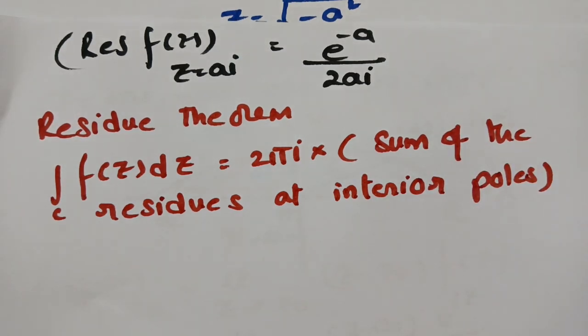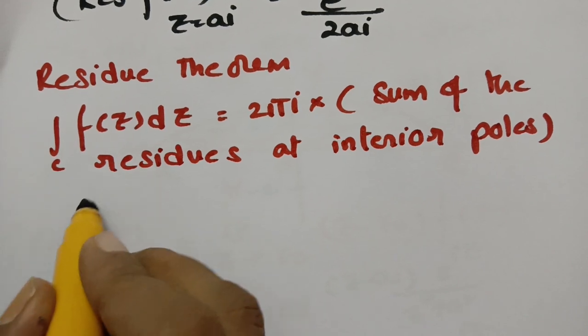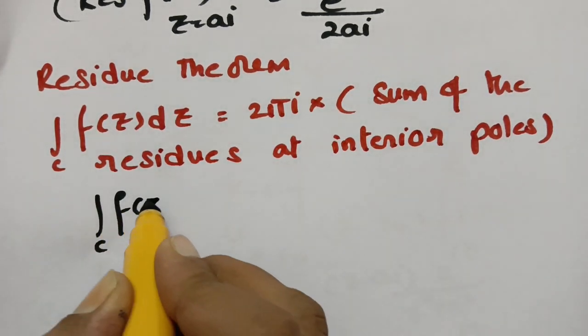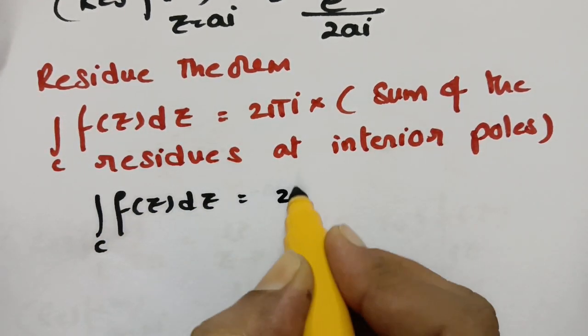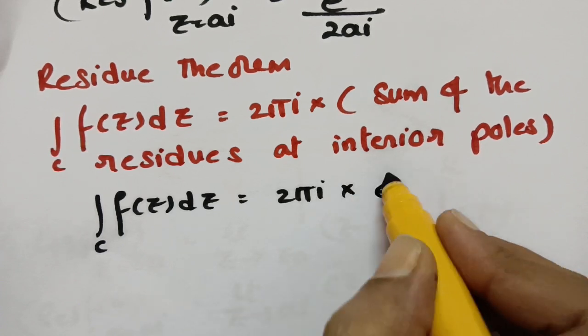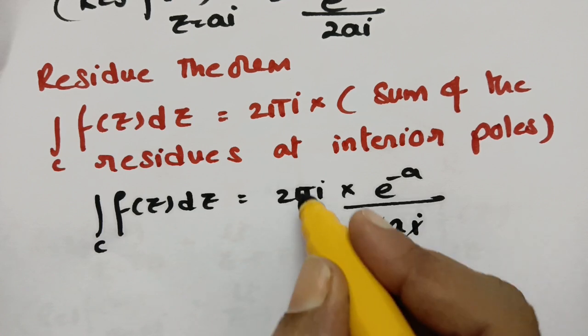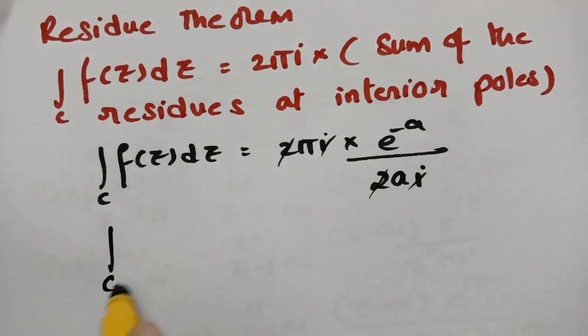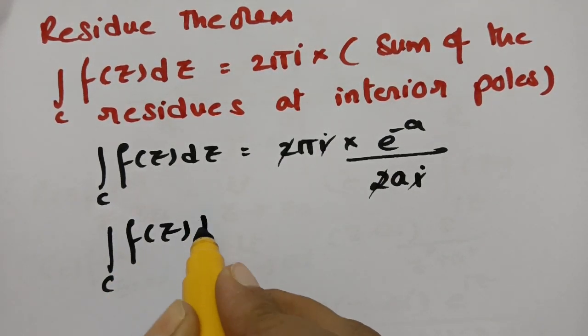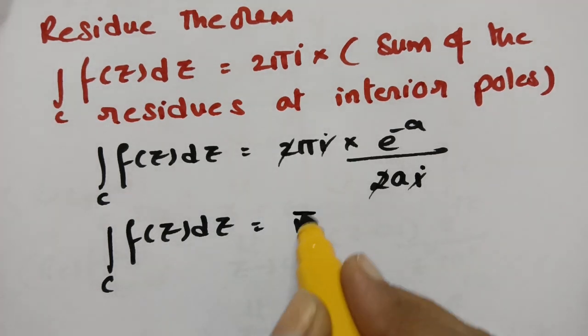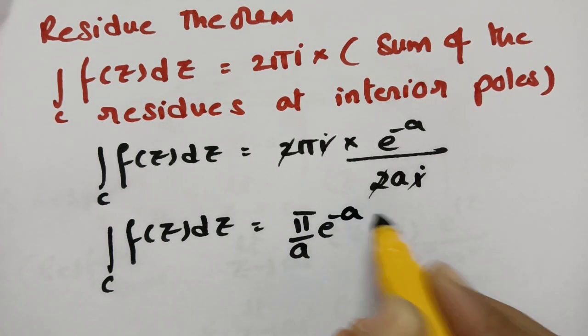Therefore integral c f of z dz is nothing but 2 pi i into e power minus a by 2ai. Now I can cancel this 2i and the integral c f of z dz value is equal to pi by a into e power minus a.